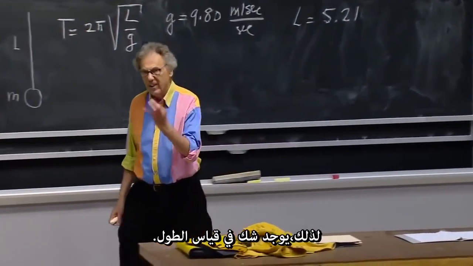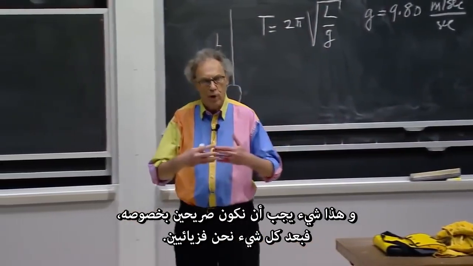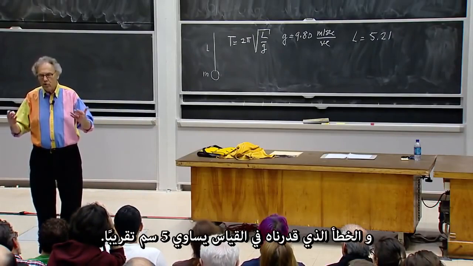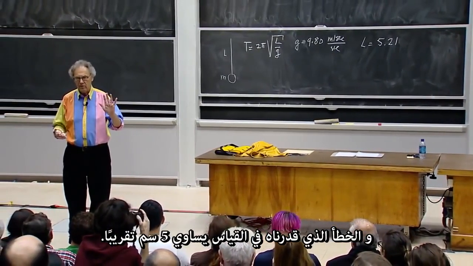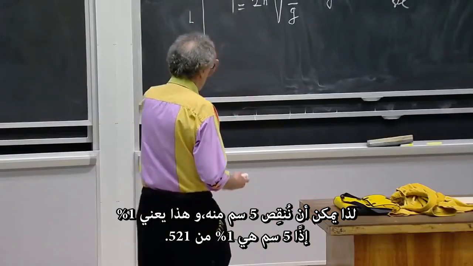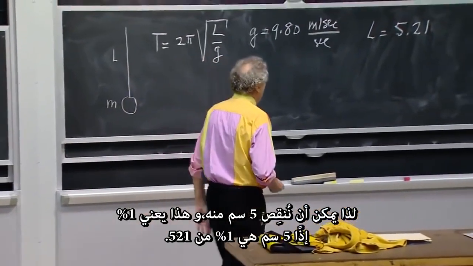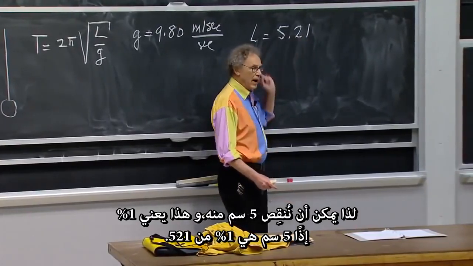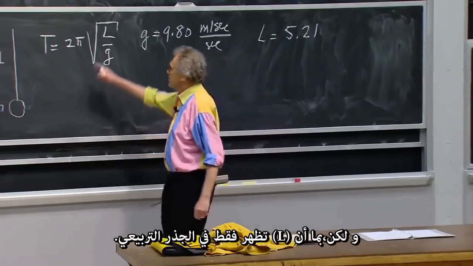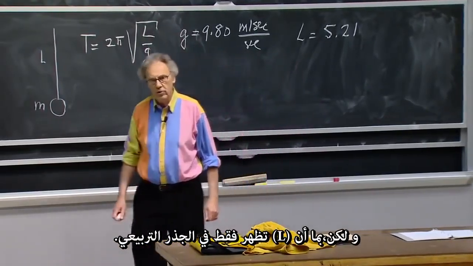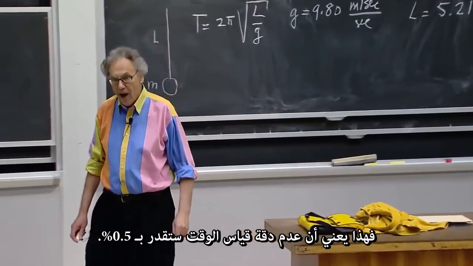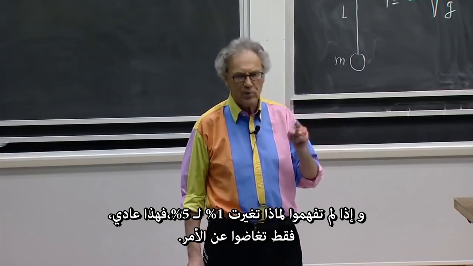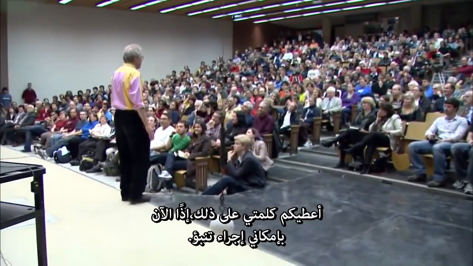So there is an uncertainty in the measurement of the length that we have to be honest about, because we are physicists after all. The uncertainty we estimate is about 5 centimeters, so we could be off by 5 centimeters. That is 1%, 5 centimeters out of 521. But since L only shows up as the square root, the uncertainty in the time that we predict is only 0.5%. If you don't see why the 1% becomes 0.5%, that's okay, just take my word for it.